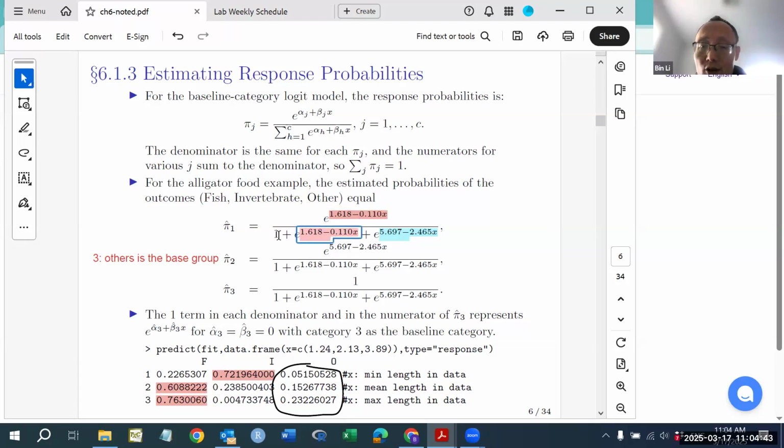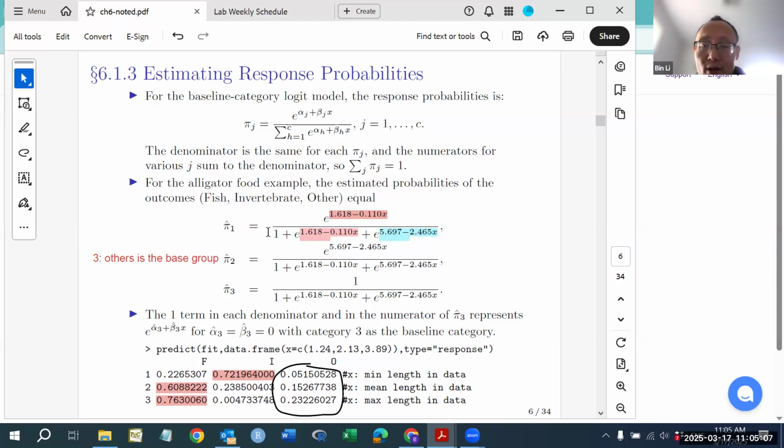The denominator is 1 plus this and this. I use different colors. The red one is the log odds for the fish against the baseline group, and the blue one is the log odds model for the invertebrate against the baseline group.